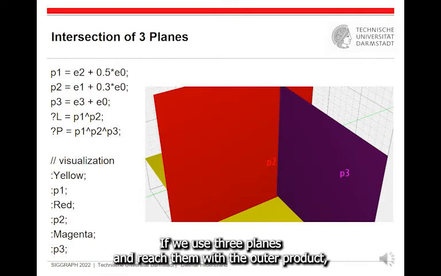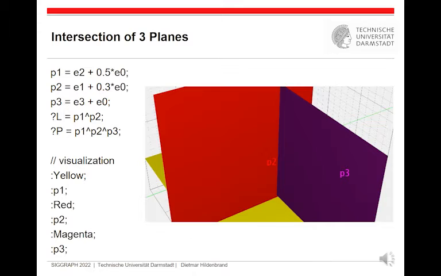If we use three planes and wedge them with the outer product, the result is the intersecting point of the three planes.